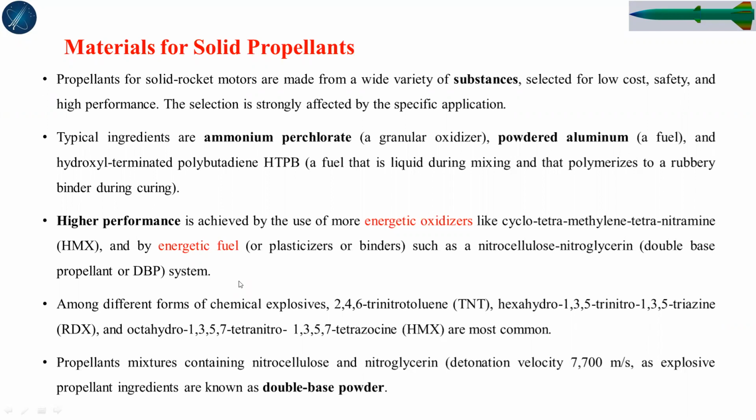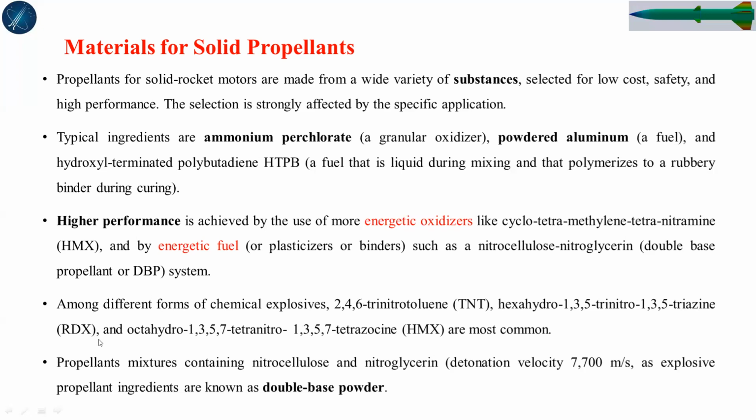Among different forms of chemical explosives, we have TNT also, that is 2,4,6 trinitrotoluene. That is one of the high performance propellants. Again, there is RDX, which stands for research and development explosive.